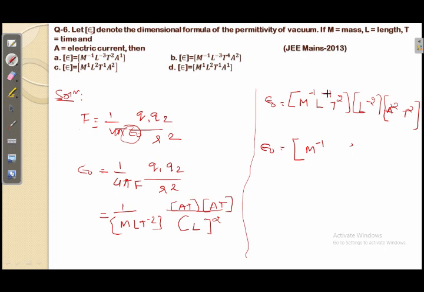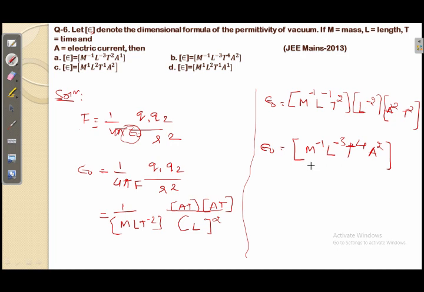L raised to minus 1 is there, here minus 2, so minus 1 minus 2 is minus 3, so that is L raised to minus 3. T to the power 2 is there, here T to the power 2 is there, so that becomes T to the power 4, and A to the power 2 is there, the same as it is. So this is the dimension formula for epsilon naught.